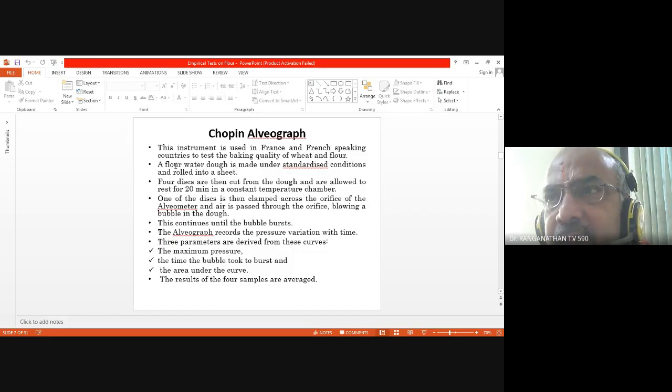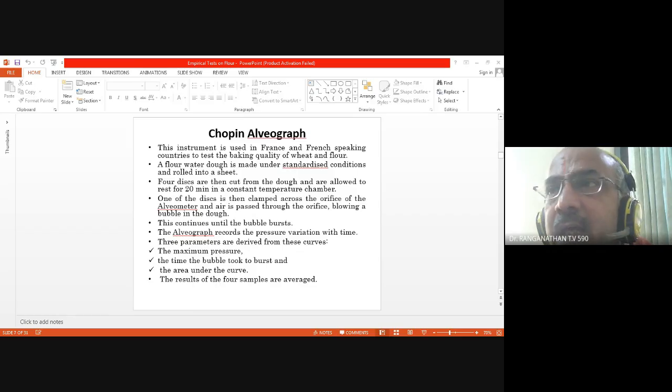Same way here, everywhere you add normally 1% sodium chloride for making the dough. In simple terms, a dough is prepared, and you make a thin sheet out of it, something like what you do for your chapati.